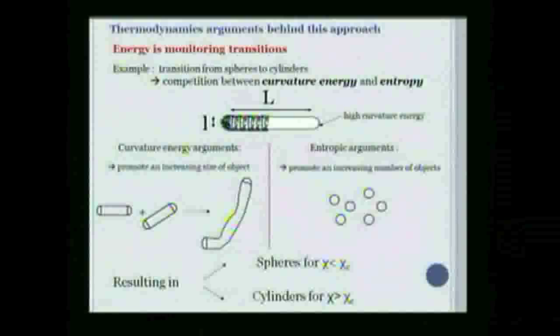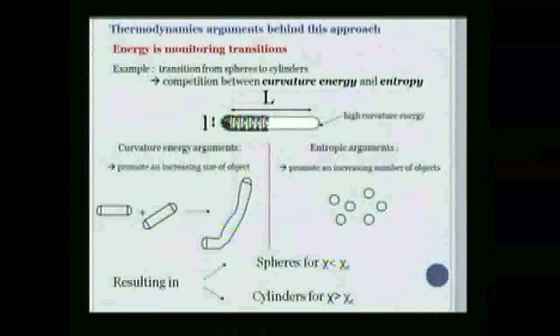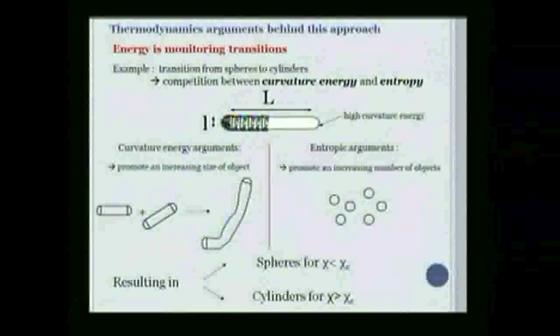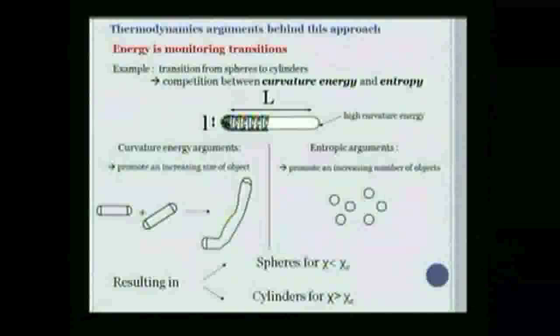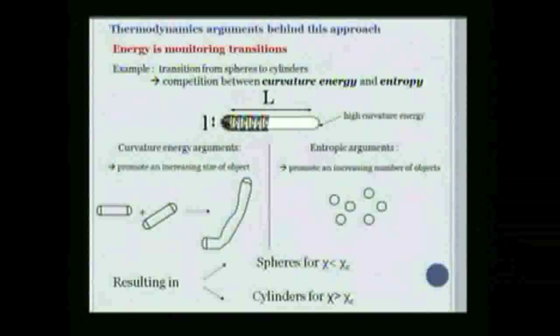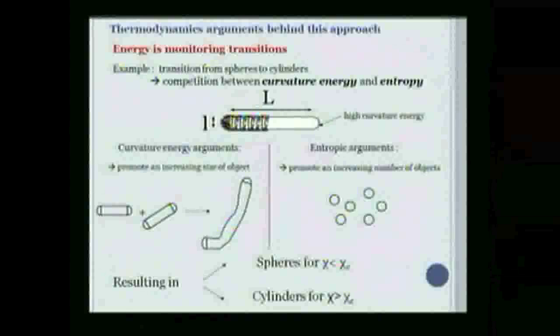You know that entropy is always as big as possible, and it's proportional to the number of objects that you have in the solution. So from the entropic point of view, it's better to have as many objects as possible, so you will keep spheres, the smallest object, a lot of spheres. So you have a balance between these two arguments.